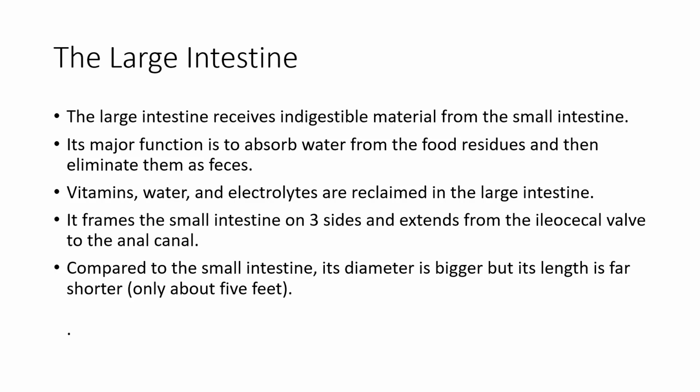The large intestine has three parts to it: the ascending, transverse, and, excuse me, descending. It surrounds the small intestine on three sides here. It's only about 5 feet long, but its diameter is much, much bigger than the small intestine.